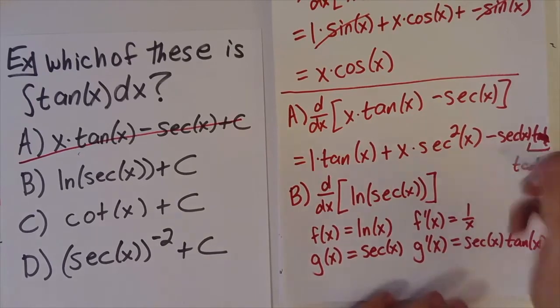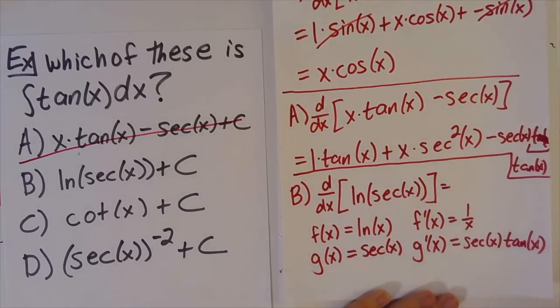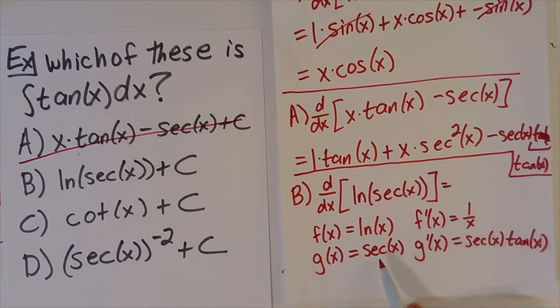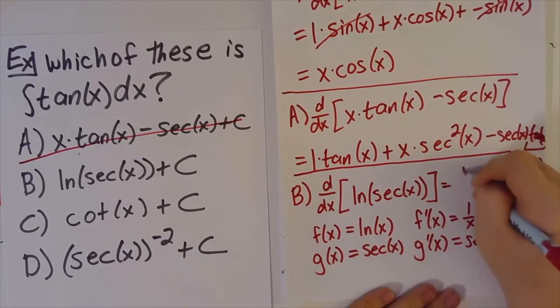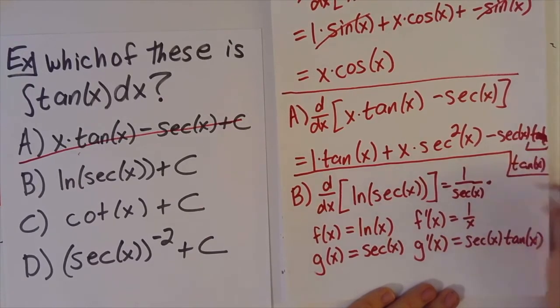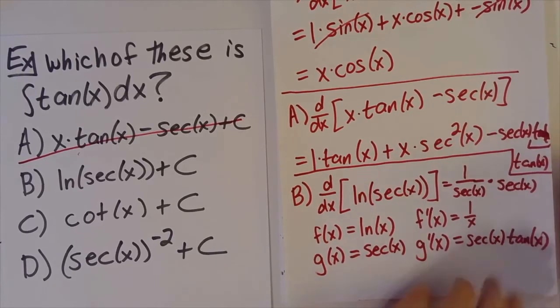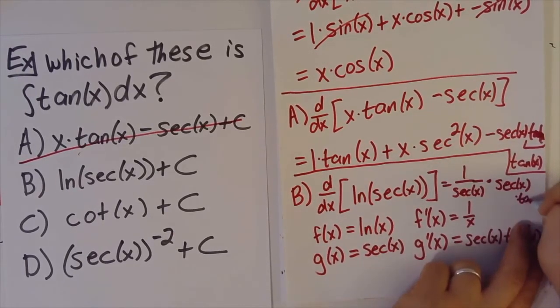By the chain rule, this derivative is f prime of g, so that's 1 over secant of x, times g prime, so times secant of x tangent of x.